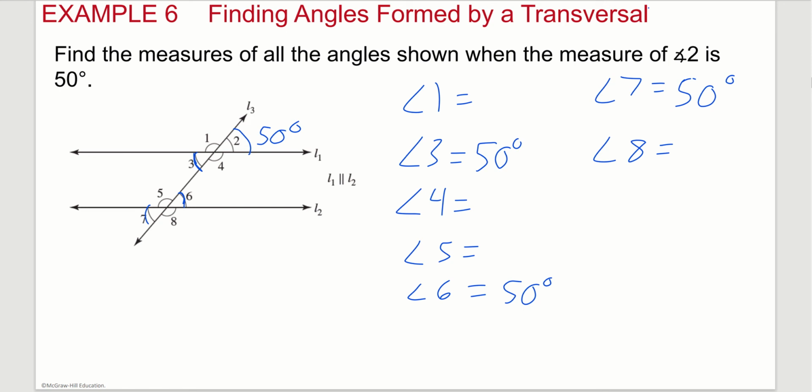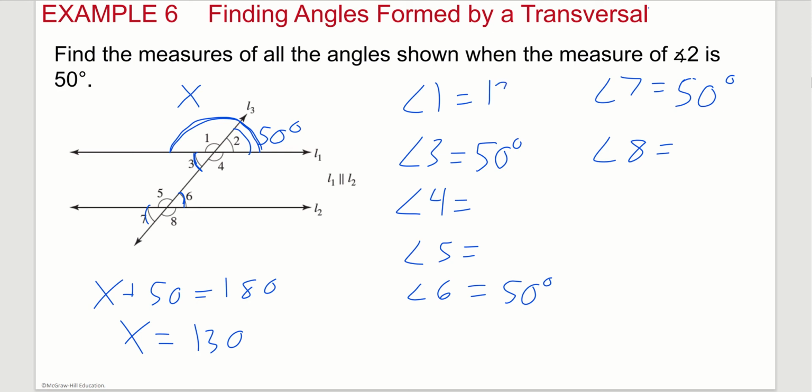The fact that angle 2 measures 50, we can use that to find angle 1, because 2 and 1 together have to be supplementary. Let's call angle 1 x. X plus 50 has to add up to 180. Subtract 50 from both sides, and we would find that the measure of angle 1 is going to be 130.